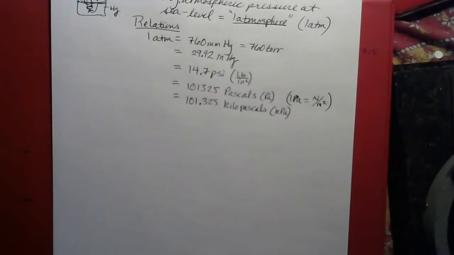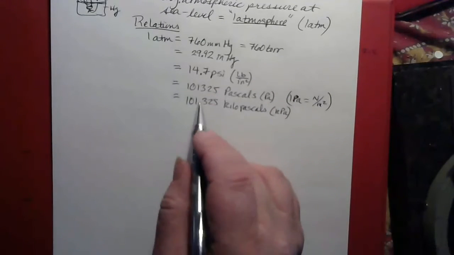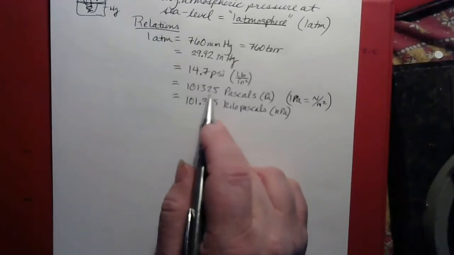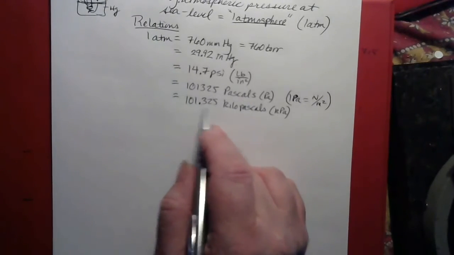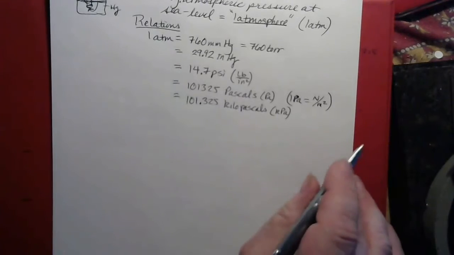Since pascals are a metric unit, you can use metric prefixes with pascals. And so 101,325 pascals would be equivalent to 101.325 kilopascals, or kPa.